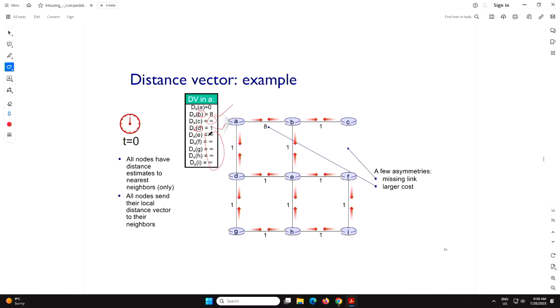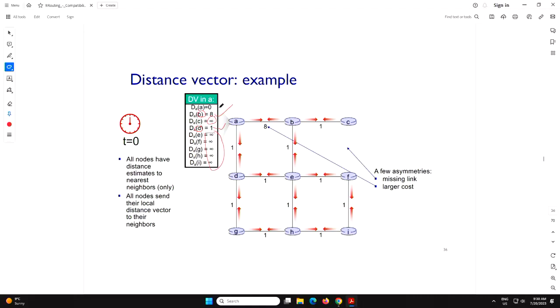So it's not true that you are going to have entries and then put infinite. First of all, you don't know how many nodes there are. Who are they? Because you do not have any global information. There is no flooding in the network, right?